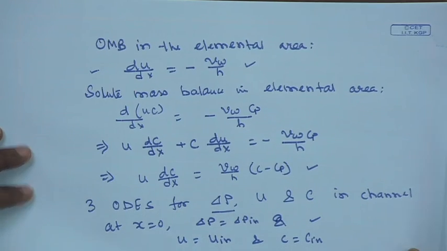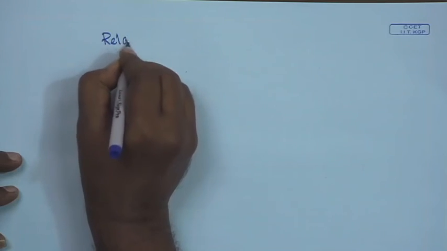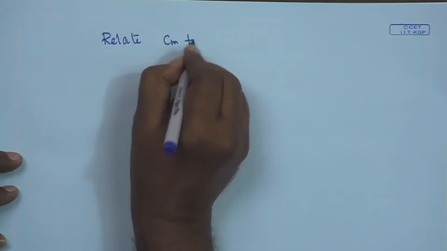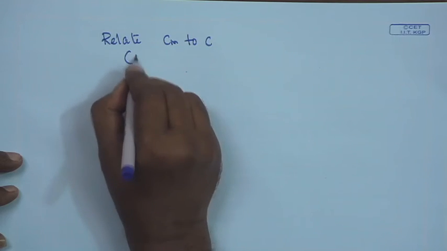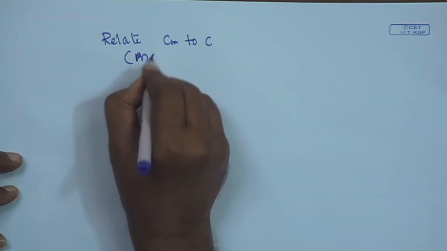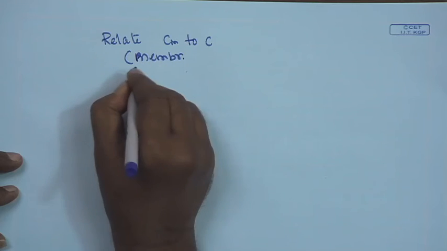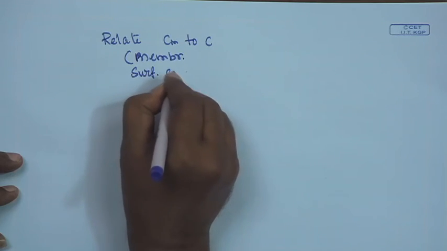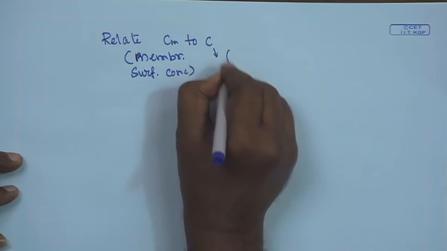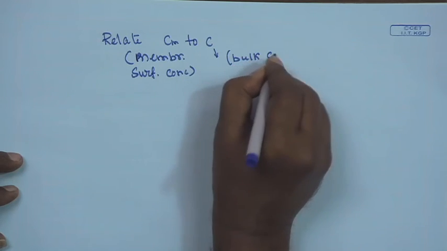So, for that, what we are going to do next is we relate the bulk concentration with the membrane surface concentration. So, we have to relate Cm to C. So, this is bulk concentration, this is the membrane surface concentration, and C is the bulk concentration. How these are related?